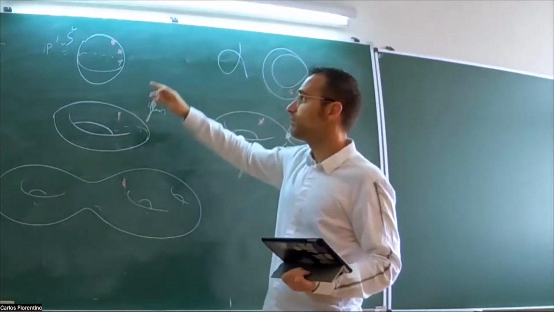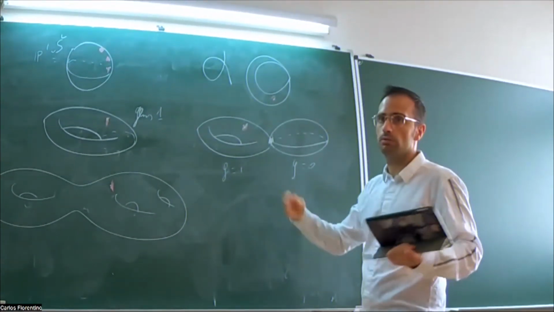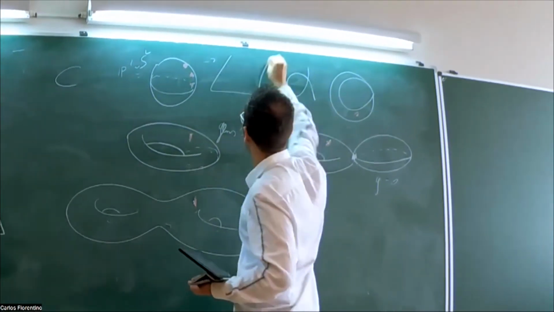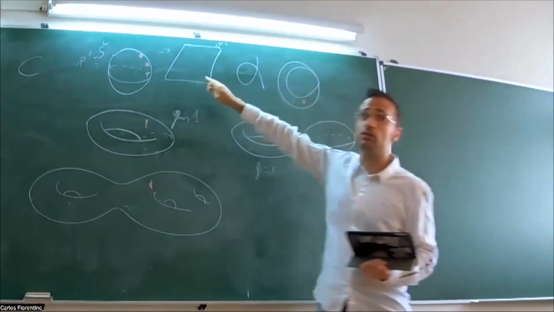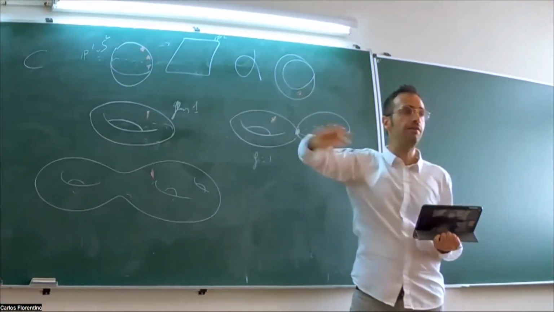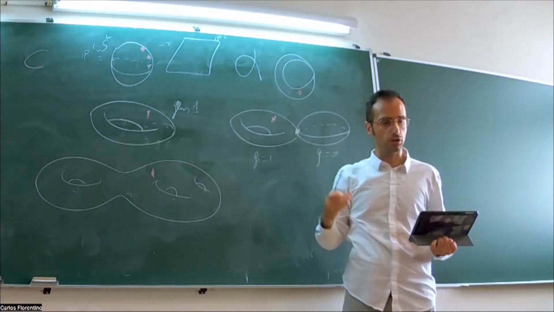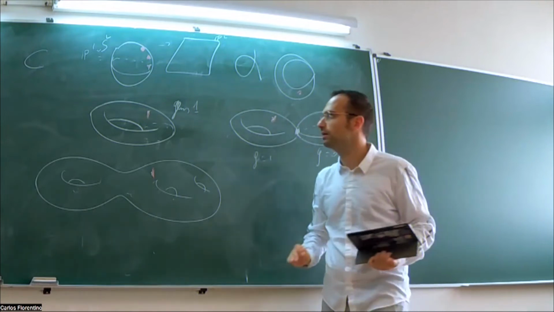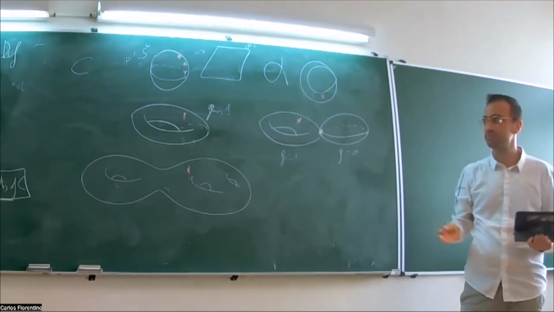So imagine we have a map from each one of these objects to, let's say, P2. If this is not contracted, then everything is okay. It's not only quasi-stable, it's stable, and this is valid for any genus.